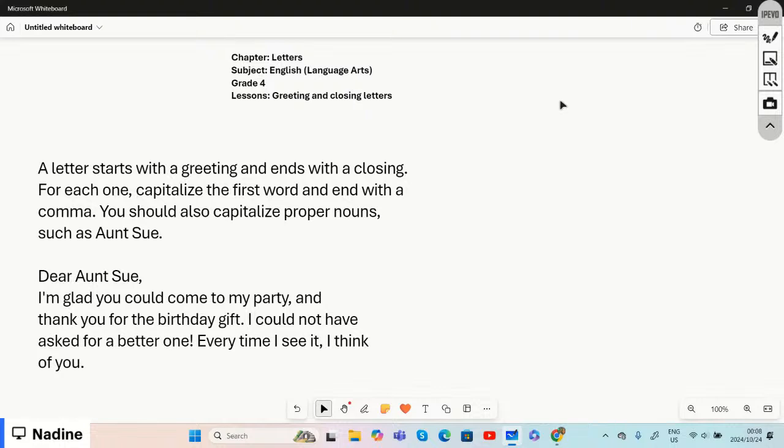We can write emails, WhatsApp messages, any forms of messages that are way quicker than writing a letter to our family members, our parents, our friends, and so on. So just imagine instead of me saying letters, think of sending a message to someone on your phone, like a WhatsApp message, an email or an SMS.